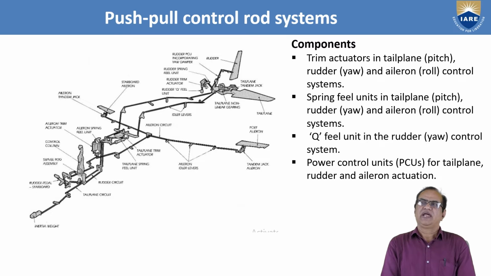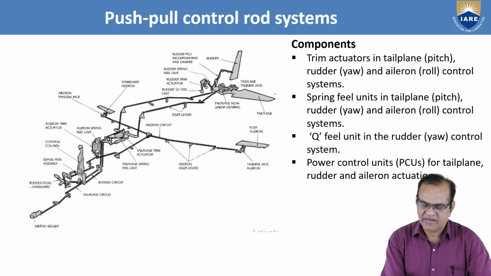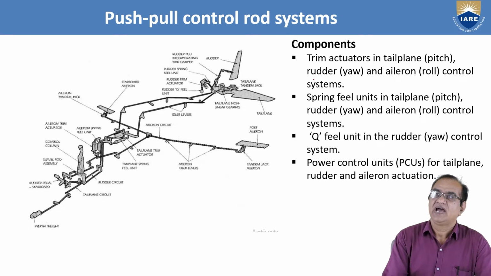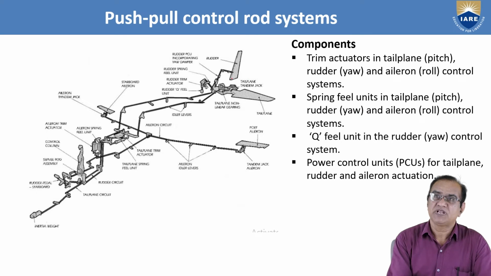So here you can see the trim actuator in the tail plane for pitch, the rudder yaw and aileron roll control system, and spring feel units in the tail plane pitch and rudder. They give the feel that the pilot is operating and experiencing some pressure.